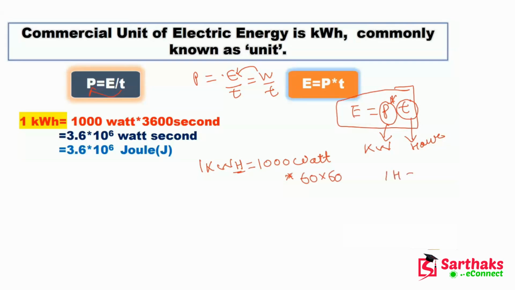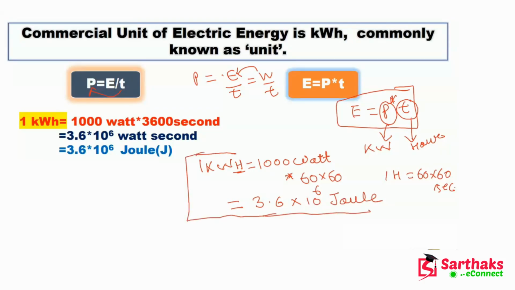Because in 1 hour, how many seconds? 60 into 60 seconds. So I simply put this value, and if I solve this, it will give me 3.6 into 10 to the power 6 joule. This is the value of 1 kilowatt hour in joule. So I hope guys you get this point.